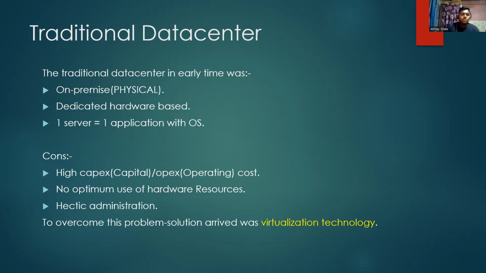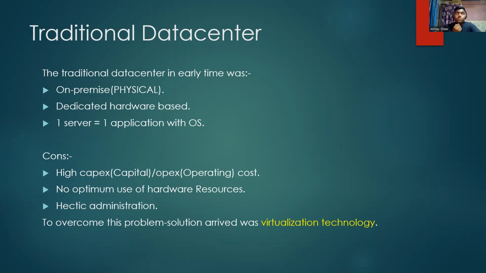And it is no optimum use of hardware resources. If an application needs 12 GB of space, and the server is 16 GB, and that server has an OS installed in it, basically half of the storage would be used by your OS, and half of the storage would be used by the application.